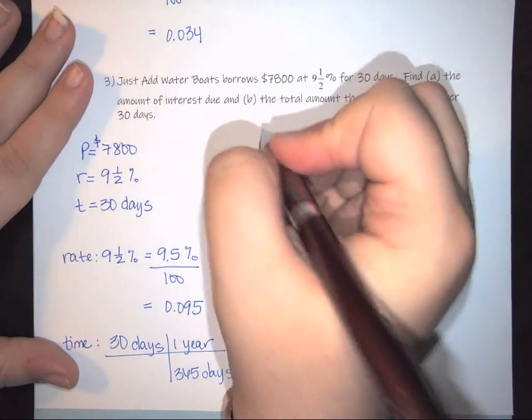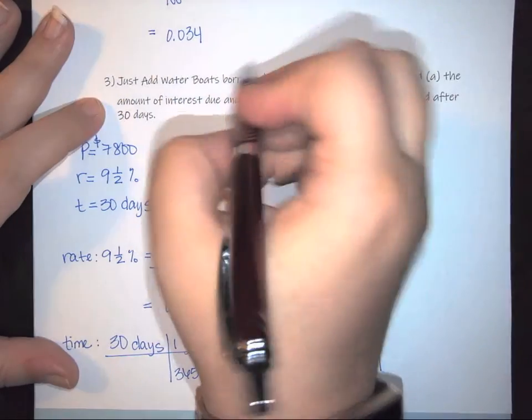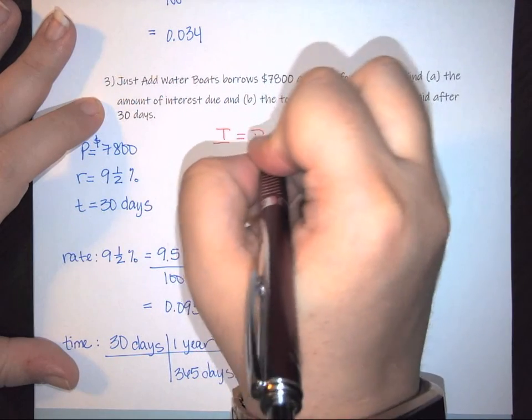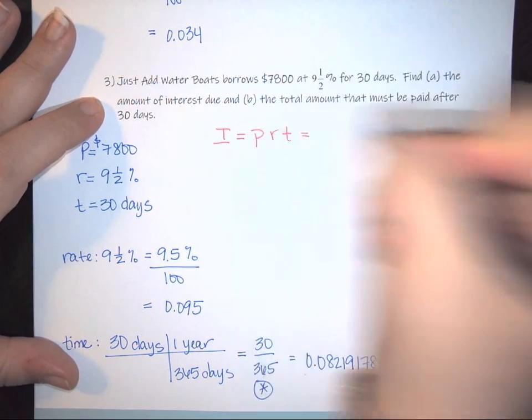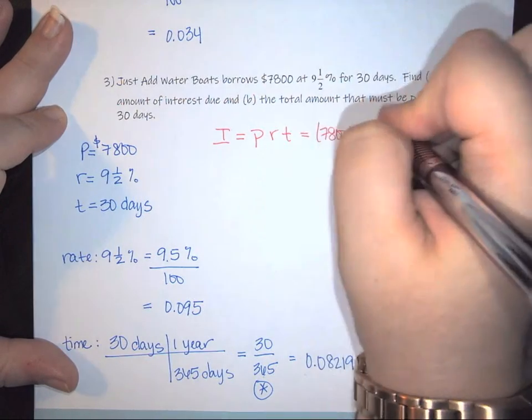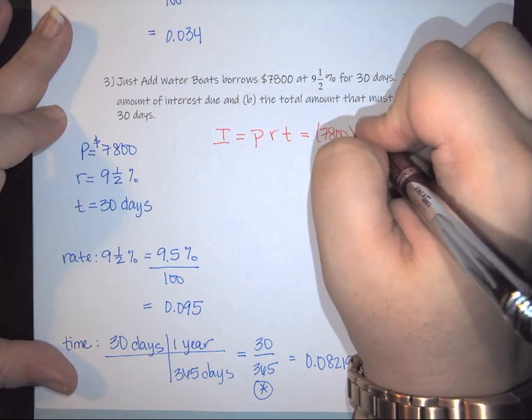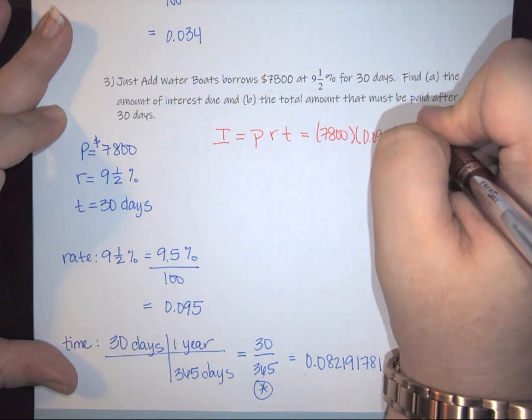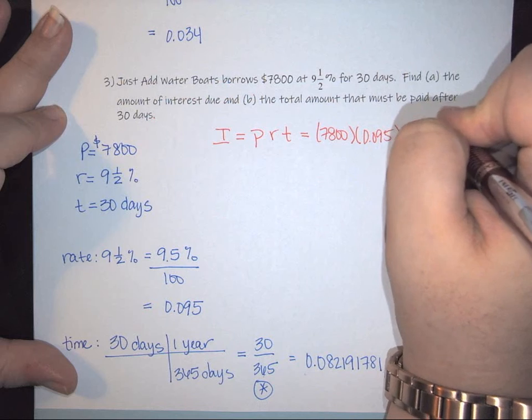So here again, we first need to find the amount of interest due. So interest is going to be PRT, which is going to be set up by saying that we have 7,800 times 0.095 times 30 over 365.